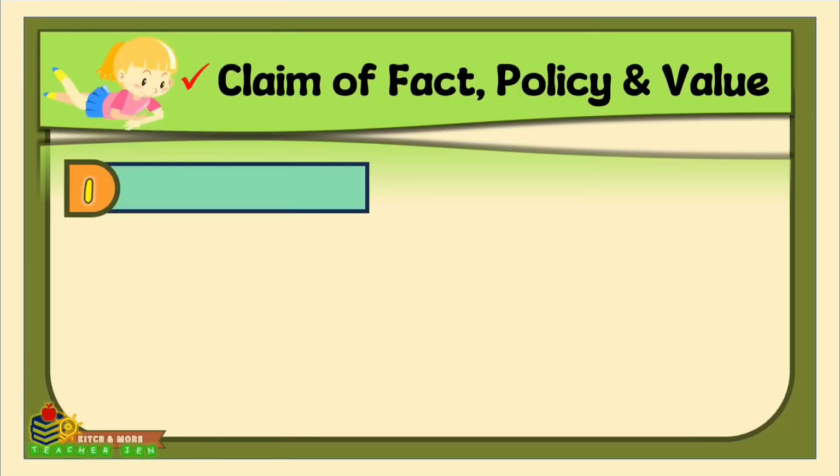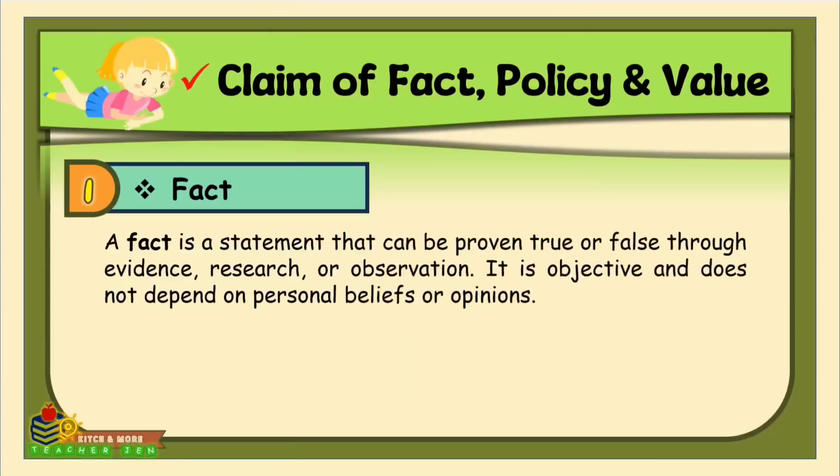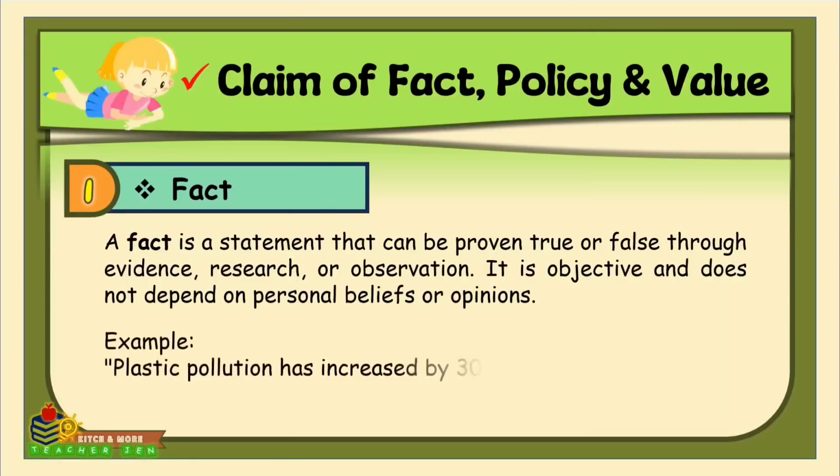What is claim of fact? A fact is a statement that can be proven true or false through evidence, research, or observation. It is objective and does not depend on personal beliefs or opinions. For example, plastic pollution has increased by 30% in the past decade, so that is a fact.